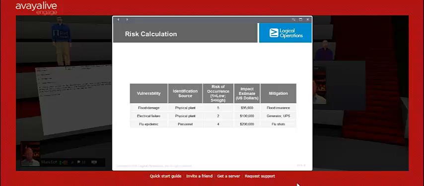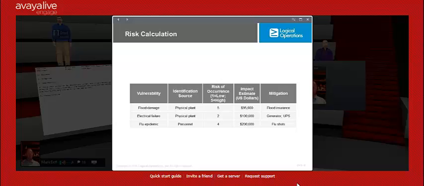So you've identified that risk of occurrence, as you can see. You can use a low, medium, high, or a numbered scale, 1 to 9 or 1 to 5 or whatever. Just pick something. There's plenty of industry guidance on that, and plenty of different models that can be selected from.